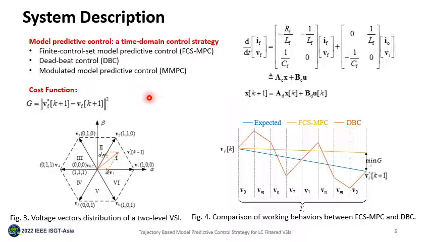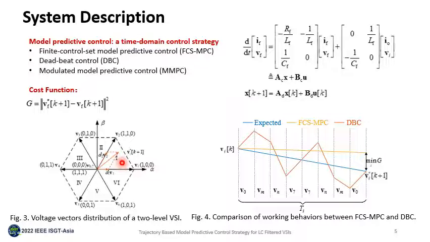Here, the widely used cost function computes the error between the sampled voltage and its reference to realize the voltage regulation. The following figures reveal the difference in working behaviors between FCS-MPC and DBC. It is noted that in this case, MMPC is similar to DBC.